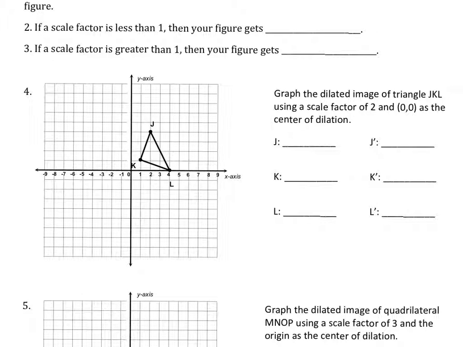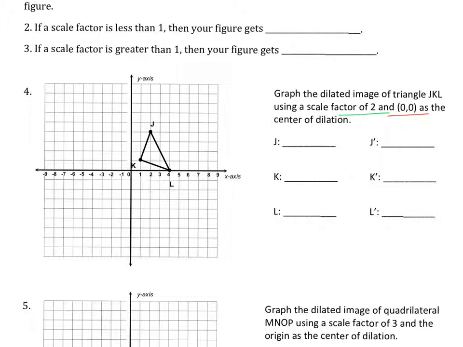So here we go, ladies and gentlemen. Question number 4 says, graph the dilated image of triangle JKL using a scale factor of 2 and (0, 0) as the center of dilation. Once again, there are some things that I said in the last video that we need to know. Those include the center of dilation, which we know is at (0, 0), and the scale factor, which we know is 2.